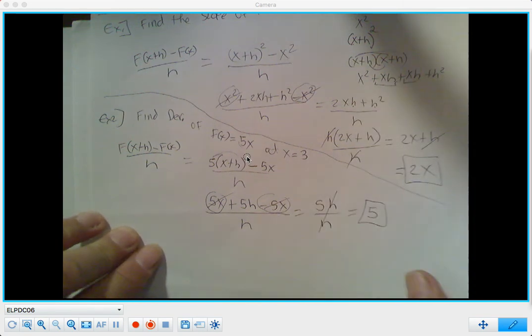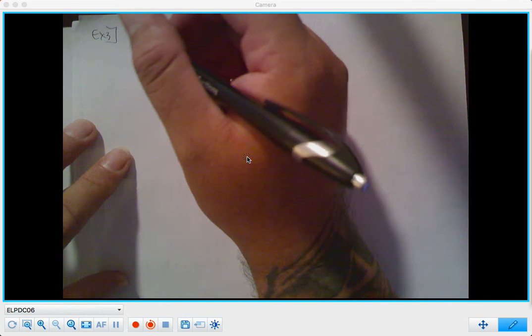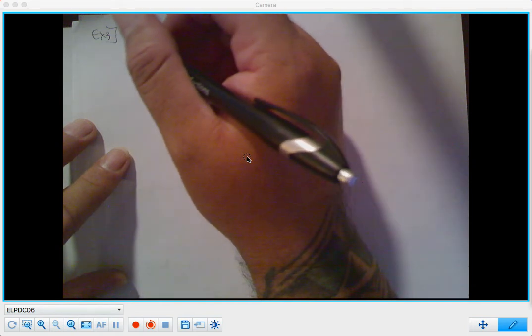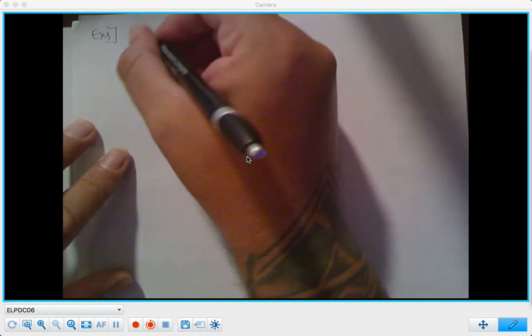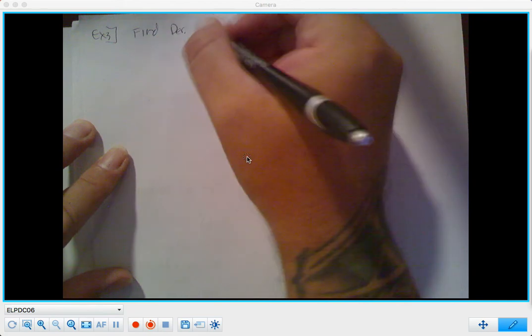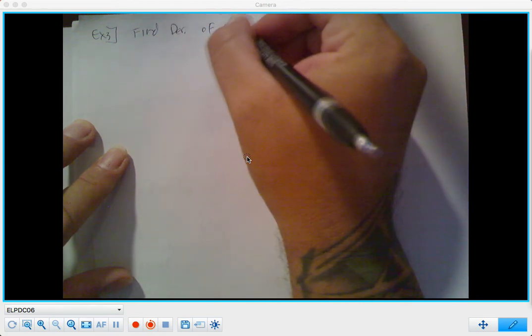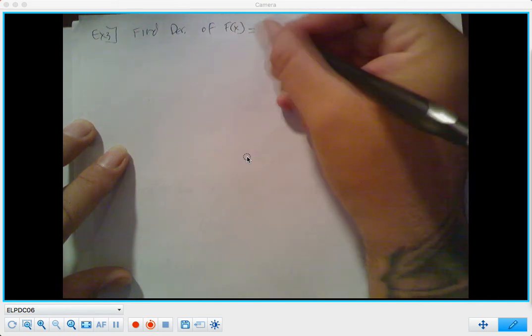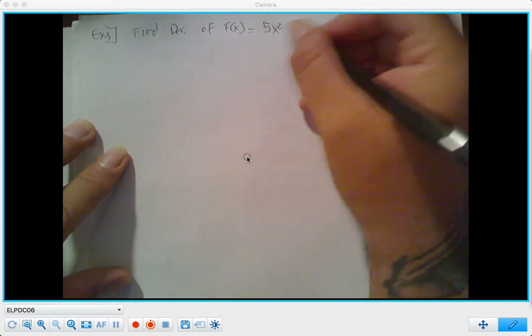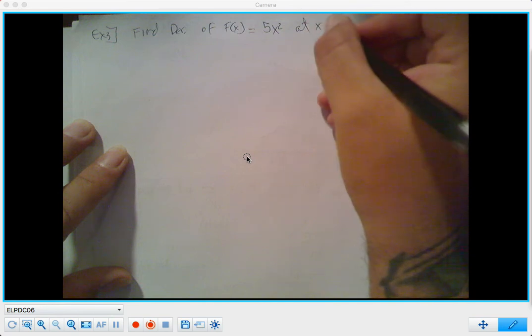Let's do a more fun one. Example 3. Let me do this one. Again, find the derivative of f of x equals 5x squared at x equals 1.